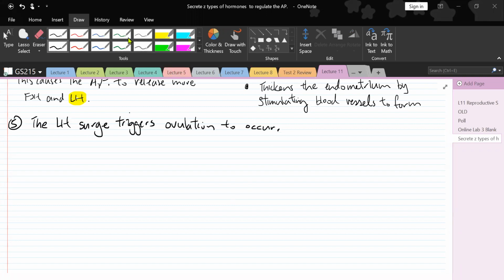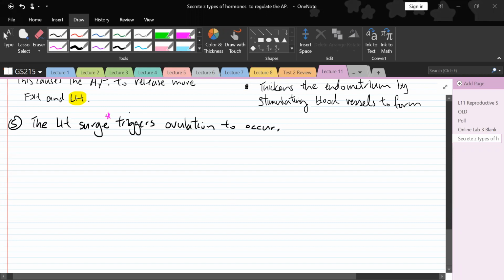You probably heard me talk about this in the lecture. With the LH surge, you will see a sudden spike in LH in your bloodstream, and an ovulation kit detects the level of LH in urine.